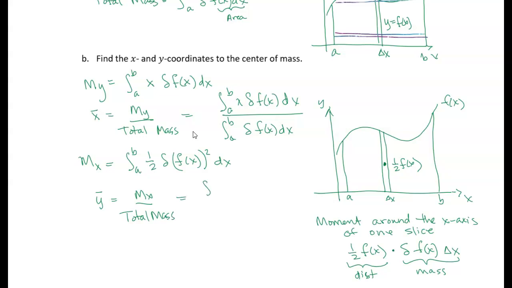So I get the integral from a to b of 1/2 delta, that's just a constant, f of x squared dx, over the integral from a to b of the mass function that we had before, delta times f of x dx. So that's just an alternate way of finding the y-coordinate without having to slice things perpendicular to the y-axis.